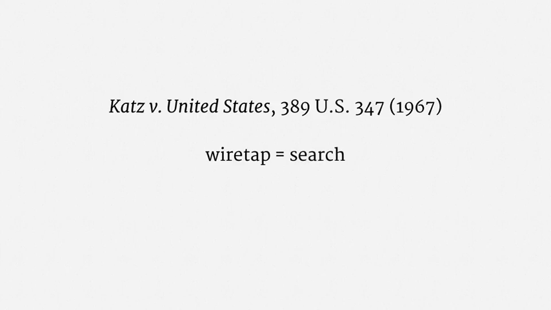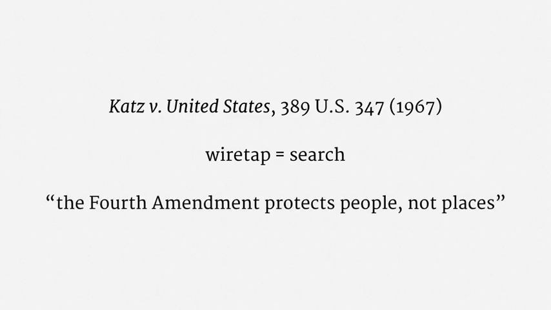It expressly overturned the Olmstead ruling. And, famously, the court held that the Fourth Amendment protects people, not places. In other words, it's about privacy expectations, not just physical intrusions. The test that emerged from that case, specifically from Justice Harlan's concurrence, has two parts.